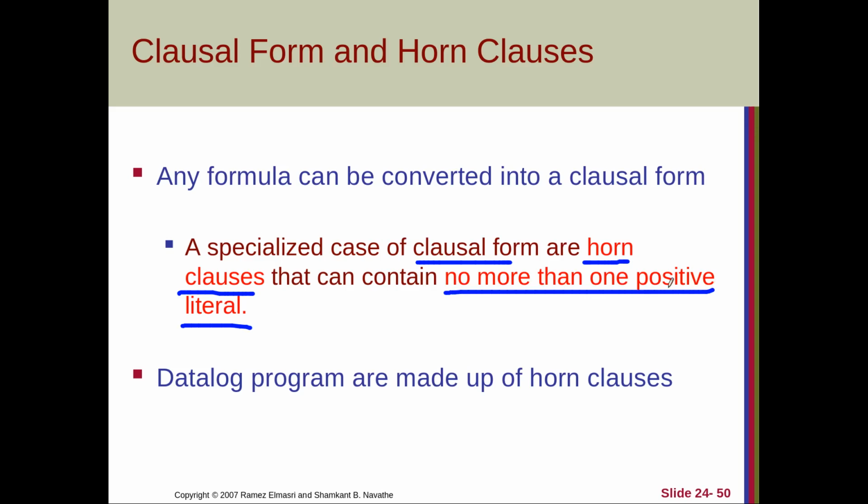Exactly, a Horn clause must consist of one positive literal, so the result must always be positive. When a clausal form is converted into that format, it is called a Horn clause. You can study the definition of Horn clause here. Datalog programs are usually made up of only Horn clauses with only positive literals.